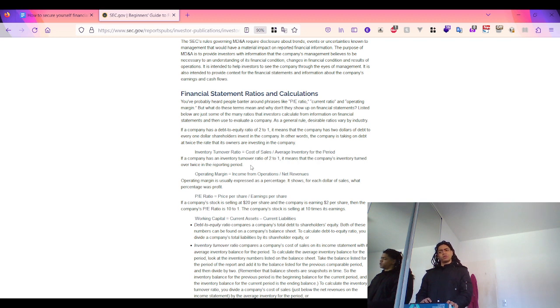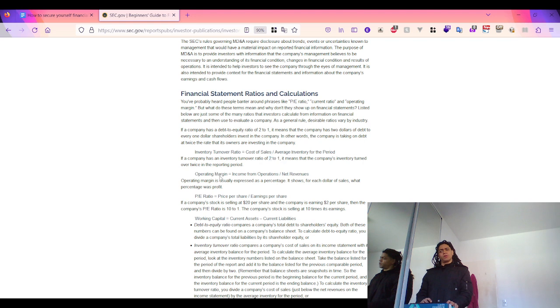If a company has a turnover ratio of 2 to 1, it means that the company's inventory, what it possesses, turns over twice in the reporting period.